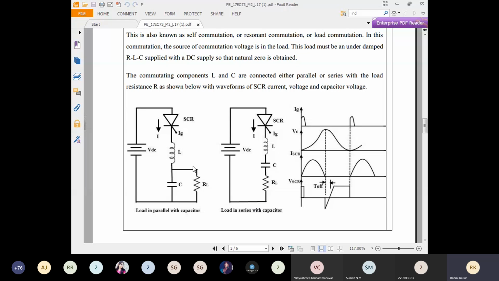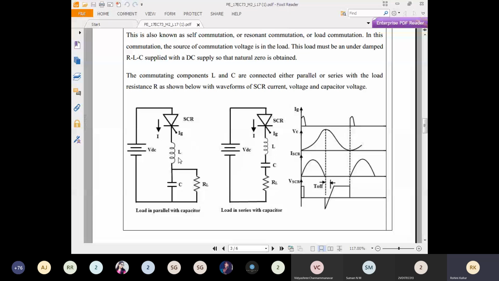Whenever current passes through it, it generates a voltage VL equal to L into di by dt, that is, the inductance value multiplied by the rate of change of current through it. As soon as current starts flowing, it holds a charge VL. Following till here? Yes, ma'am.